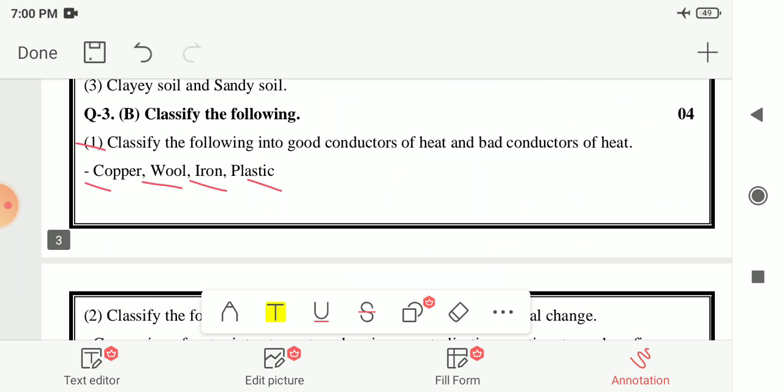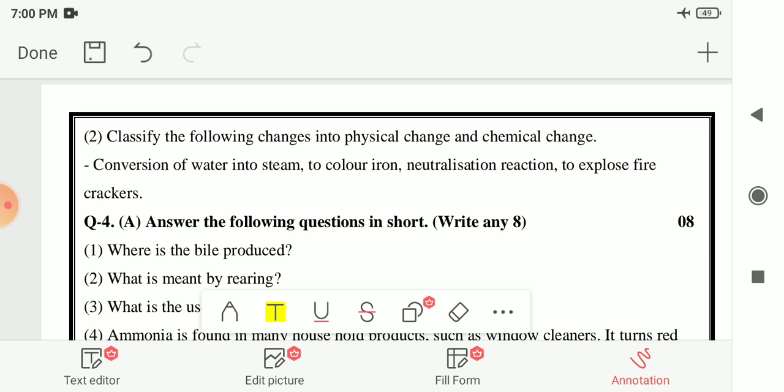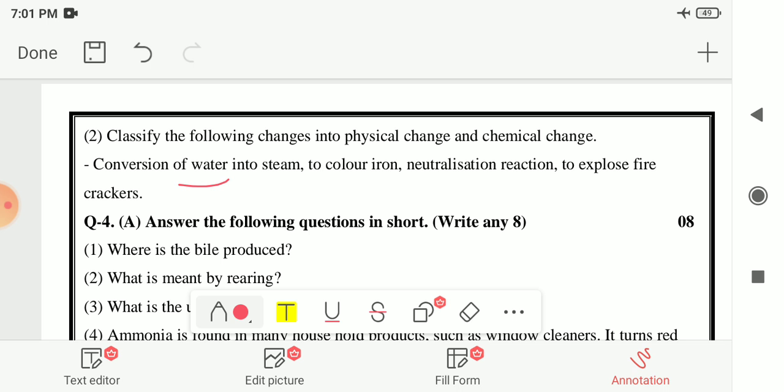The next classification is for physical changes and chemical changes. The first one is conversion of water into steam. It is a physical change, as only the state is changed. Next is neutralization reaction. It is a chemical change, as after this reaction we get a new substance. Next is to explode firecrackers.